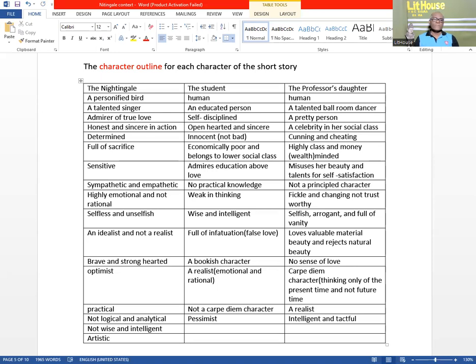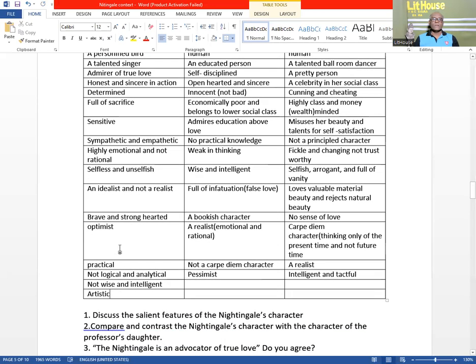Right? An idealist. Idealist. What is idealist? And not realist. Idealist means the best. Now, Nightingale thinks of an ideal love. Perfect.